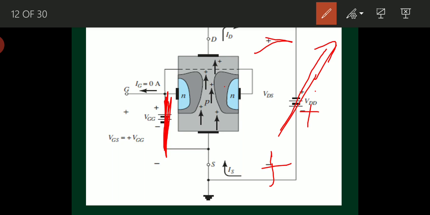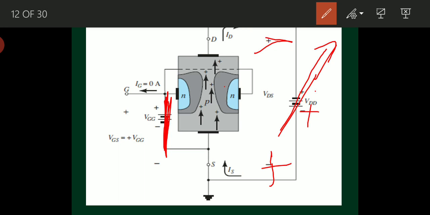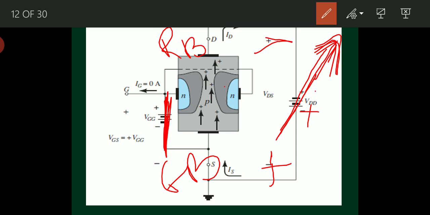And let us talk about the depletion regions now, right? Now I am increasing the voltage here. So what will happen? Reverse bias at the drain terminal increases, and forward bias at the source terminal increases. So the depletion region near the source terminal decreases and the depletion region near the drain terminal increases.